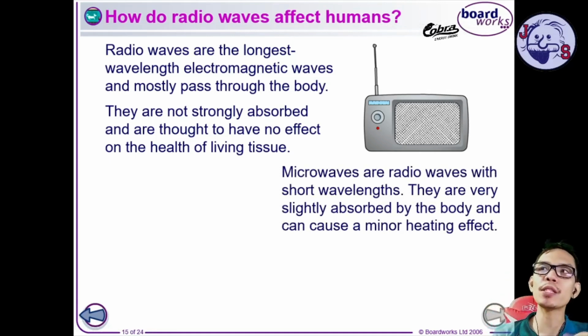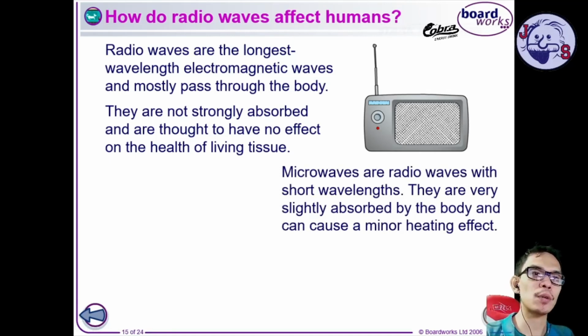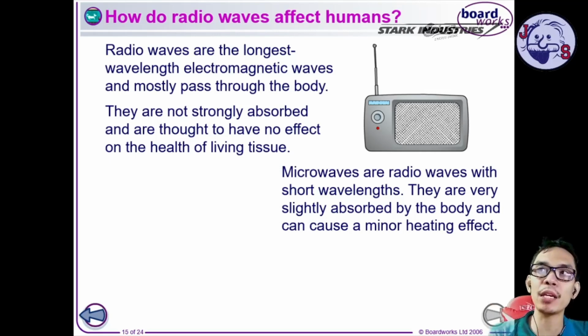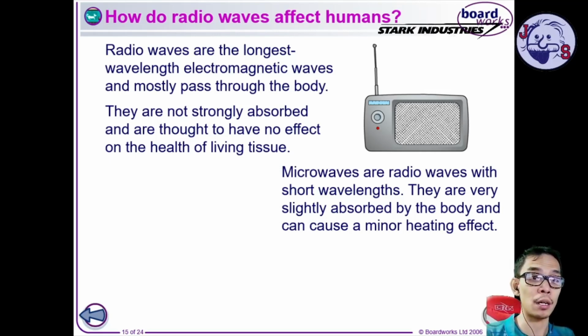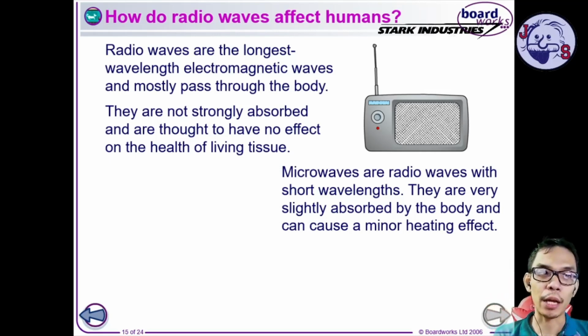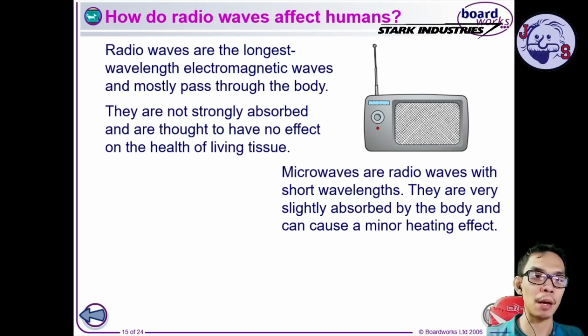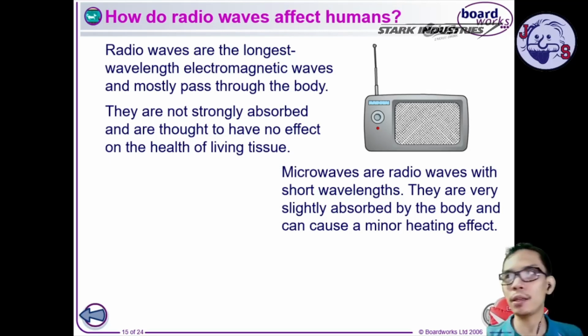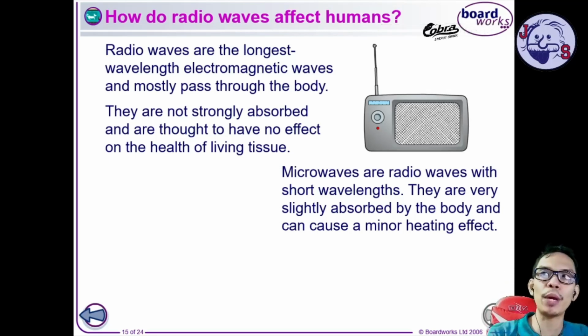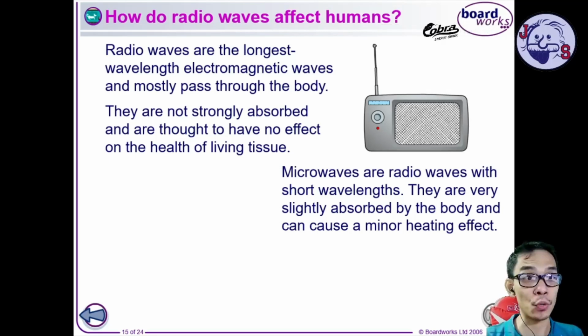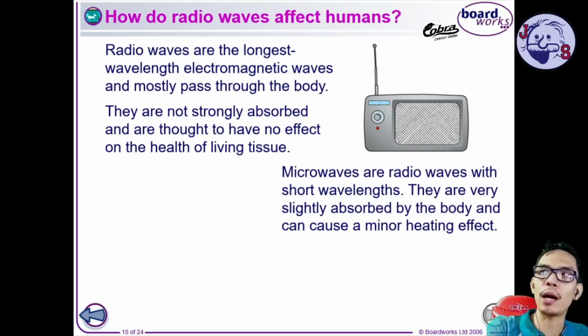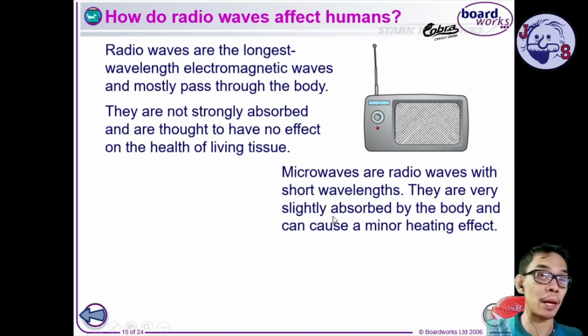The next one is microwaves. Microwaves are being used as a way of communicating, a way of data transfer, by some cell phones today. These microwaves have shorter wavelengths compared to radio waves. Compared to radio waves, they are slightly absorbed by the body.